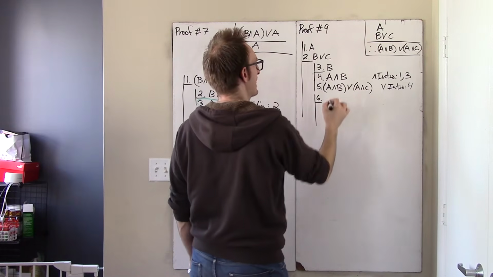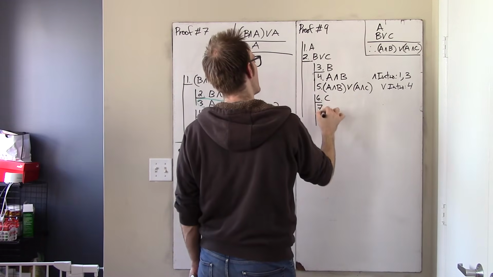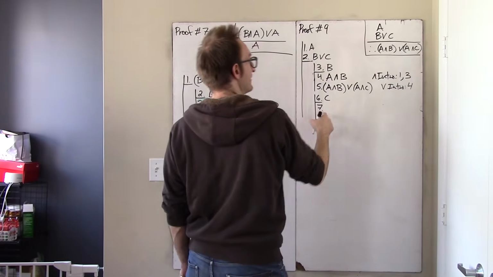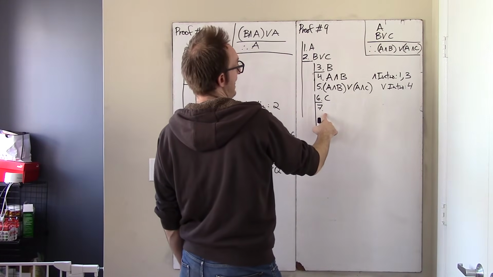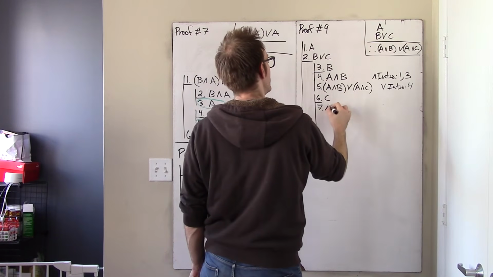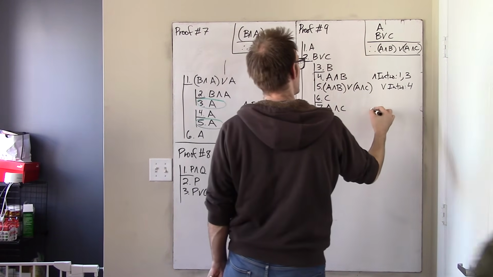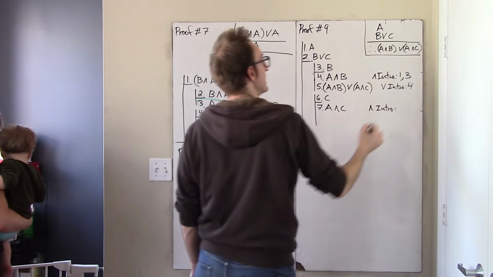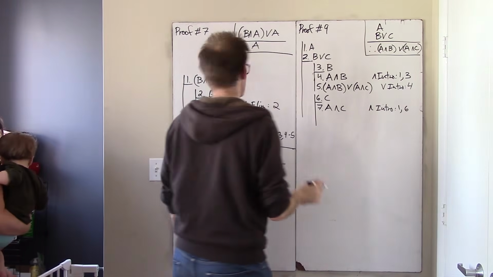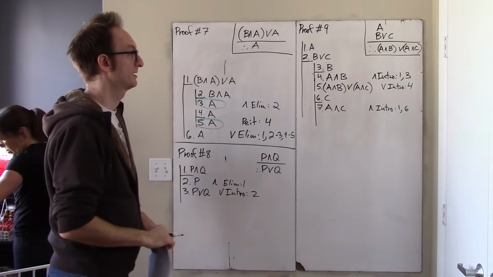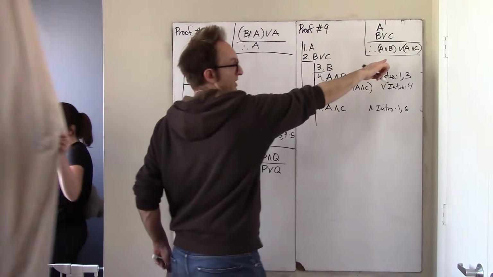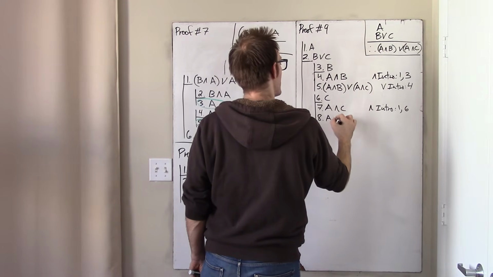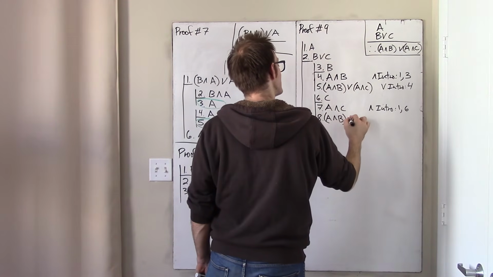Now we go to the right disjunct, which is C. So if on the other hand C, then I can make A and C by and intro 1 and 6, and then that line 7 is pretty close to my conclusion. My conclusion is just a weaker version of that. So I OR on this thing to the front of it.